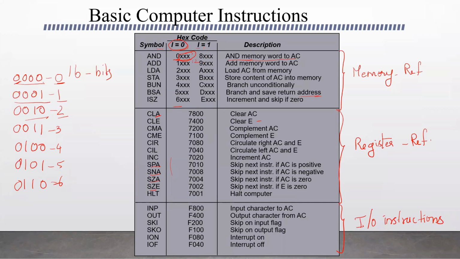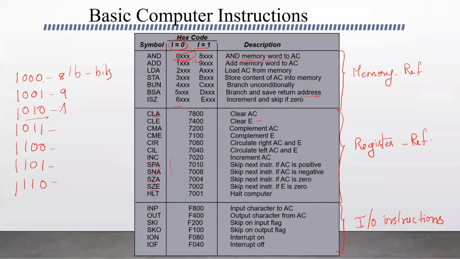And when I is 1, this is the 15th bit of our instruction. It is 1. The addressing mode is 1, meaning indirect address. So when this becomes 1, what would be the value here? 1000 is 8 and 1001 is 9.